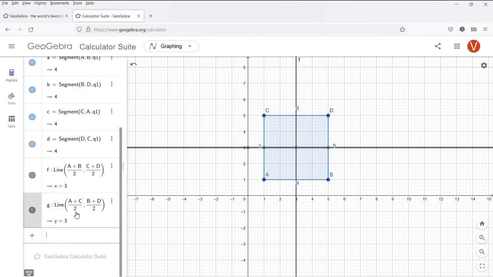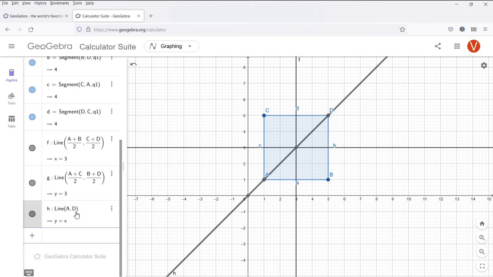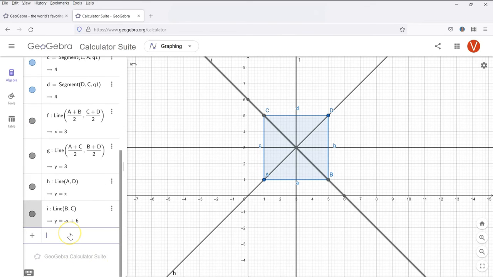Another line of symmetry which was not there in a rectangle is line a comma d. And another line of symmetry is bc.